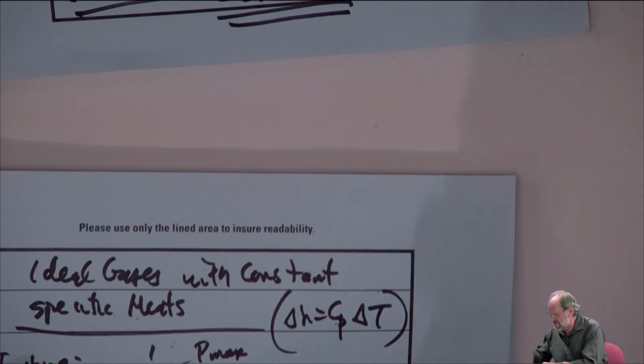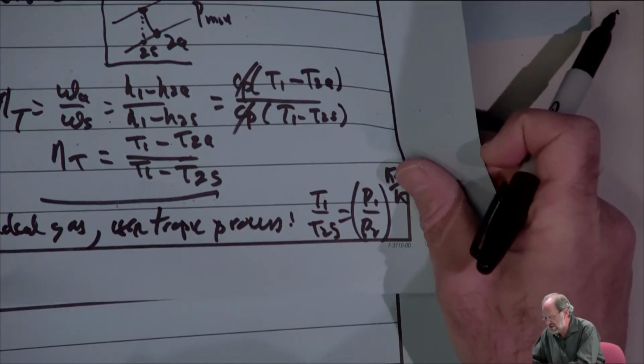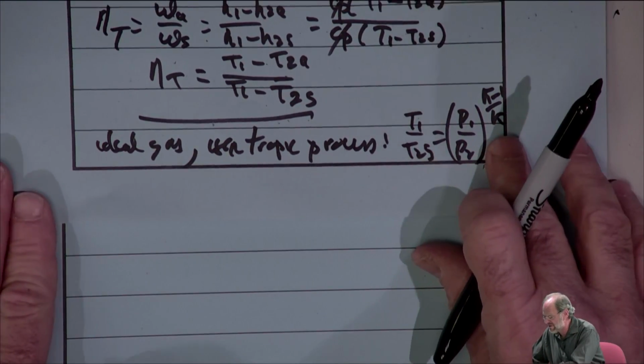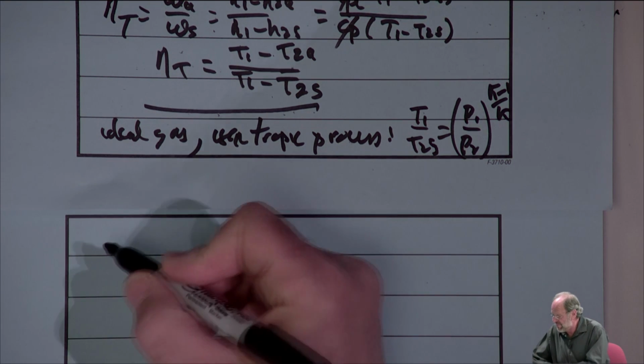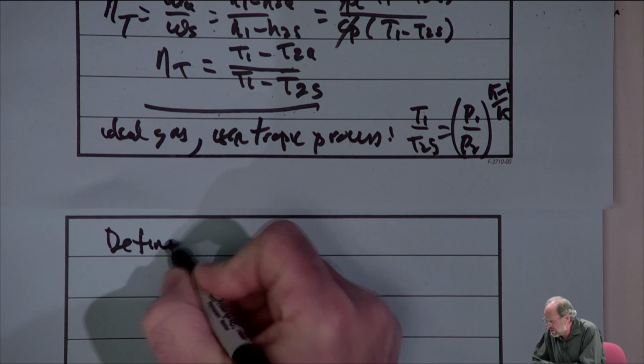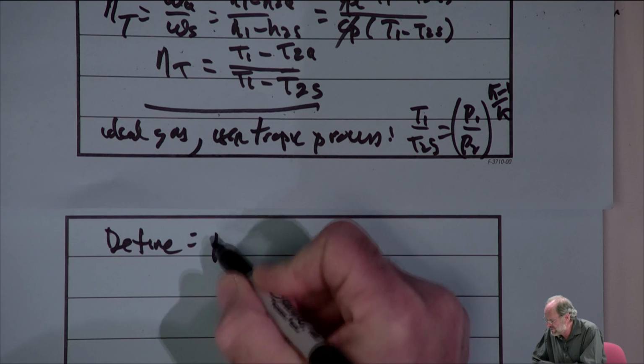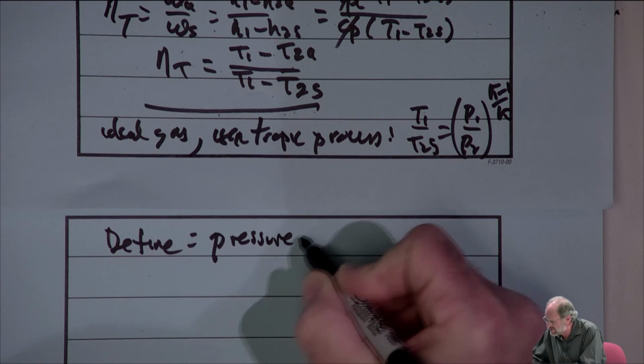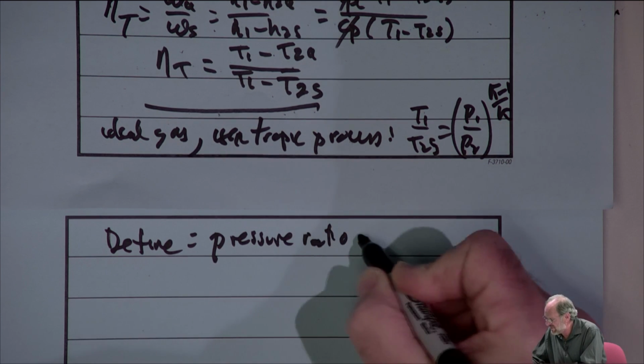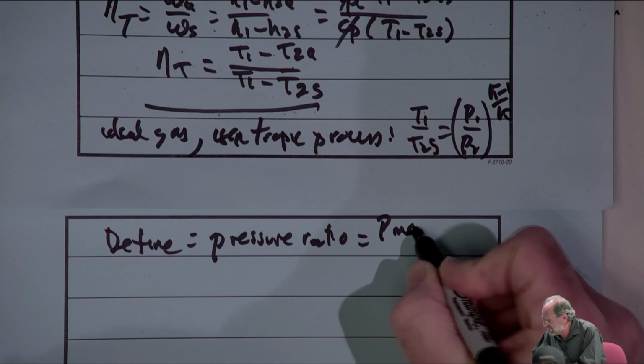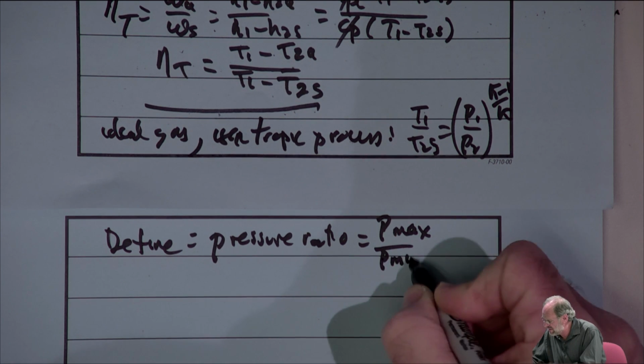So that's the equation we're going to use for a turbine. And as you might expect, the equation for the compressor is going to be very, very similar. By the way, let me define one more term for you. This is simply called the pressure ratio. And the pressure ratio is P max over P min.